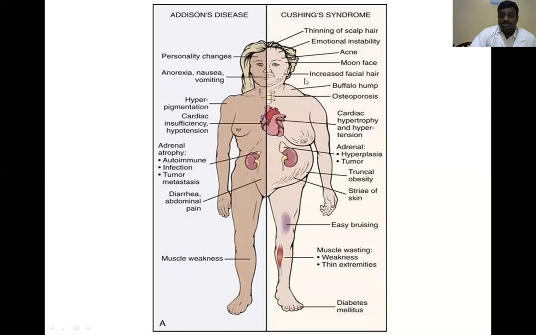Cushing syndrome may be due to an enlarged adrenal gland, due to tumors of the adrenal gland. So simply remember that Cushing syndrome enlarges the adrenal gland, and in Addison's disease the size of the adrenal gland is reduced. There are different symptoms that are produced.